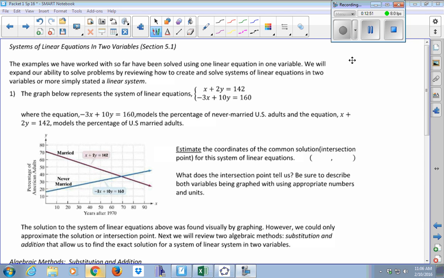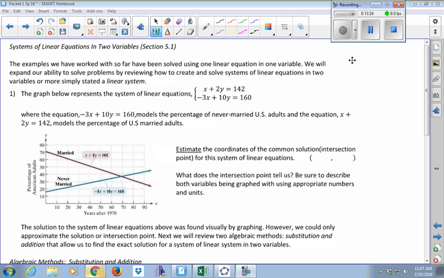This line represents the percentage of never married American adults, and your x-axis is the number of years after 1970. You can see that this percentage is increasing. Similarly, the equation x plus 2y equals 142 represents the percentage of married American adults in the population, and that's decreasing over time.